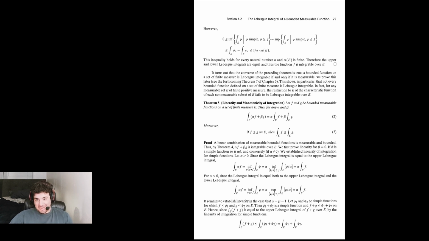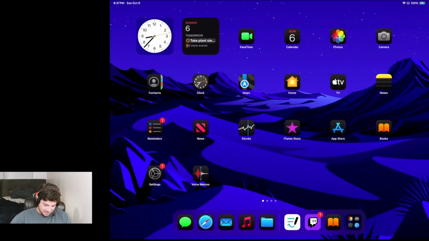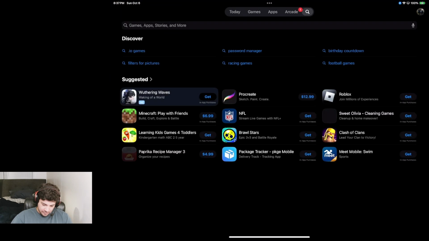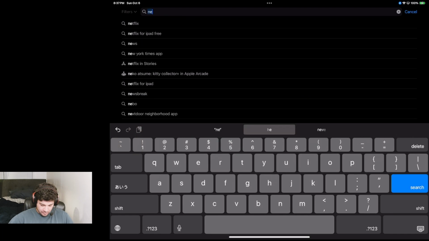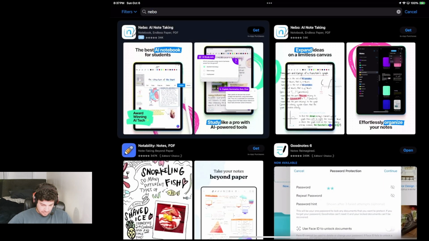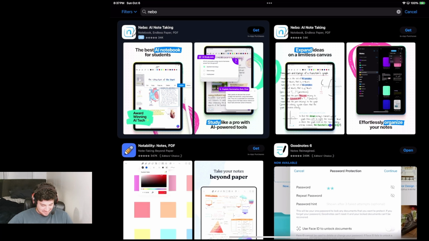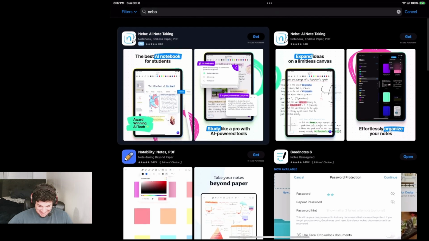Okay, I decided to go with Nebo since GoodNotes writing to LaTeX is still experimental. I actually don't know what Nebo is. What the heck is Nebo? AI note-taking app, I see.